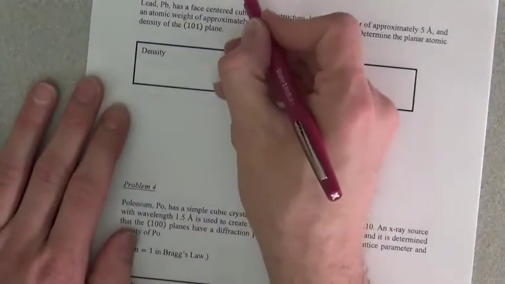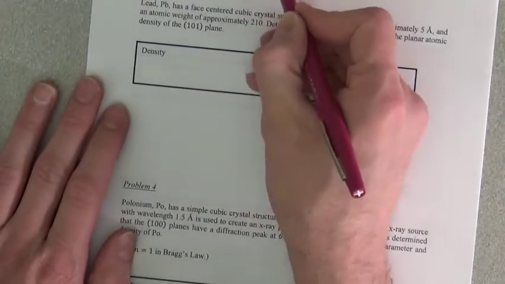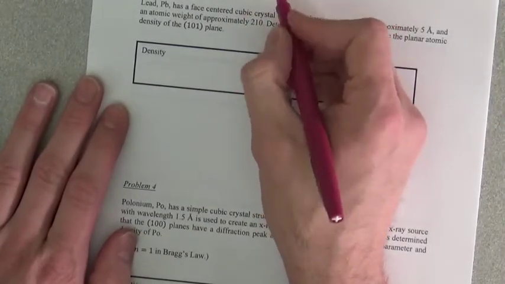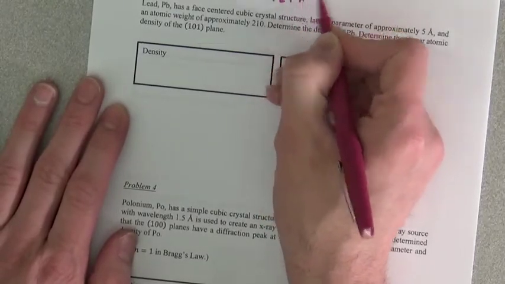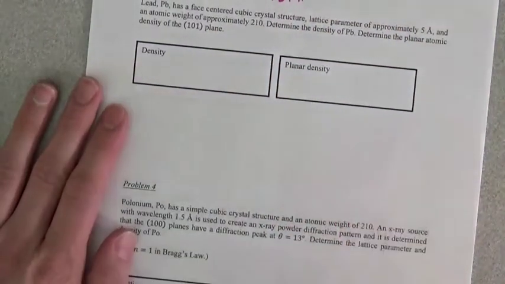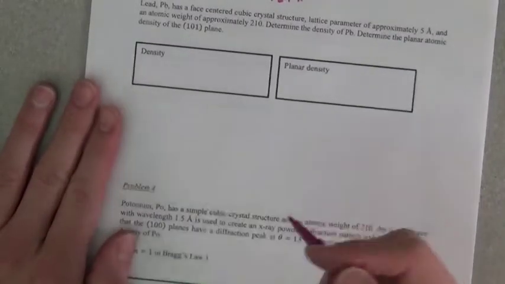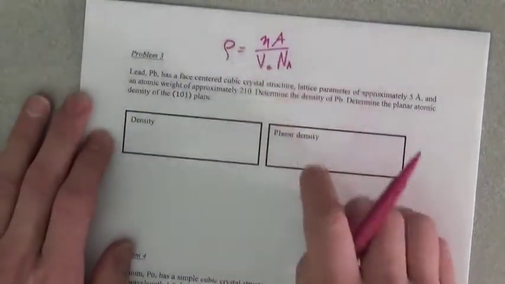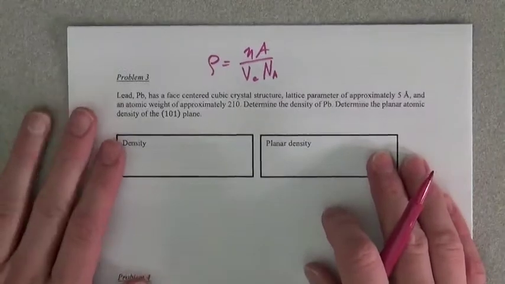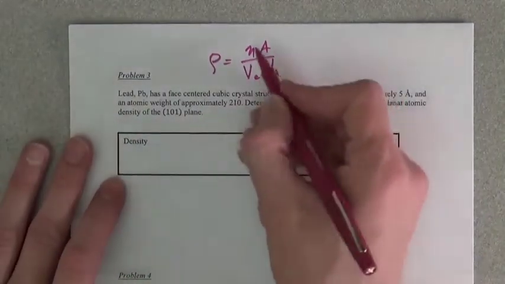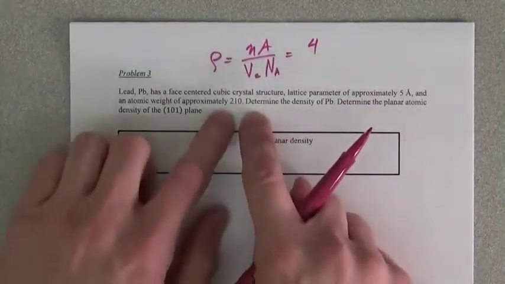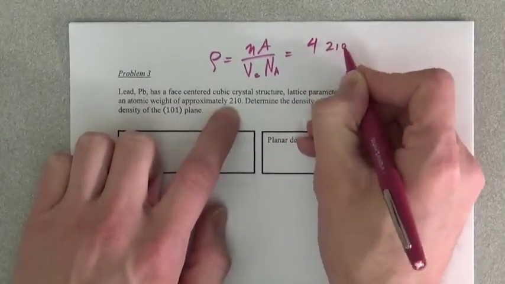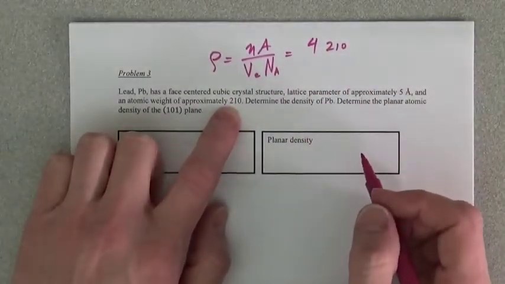So we have the equation rho equals n A over V_C N_A, if you want to use equations, otherwise you can just work it out from units. It's FCC, so n is equal to 4. A is 210 gram per mole.